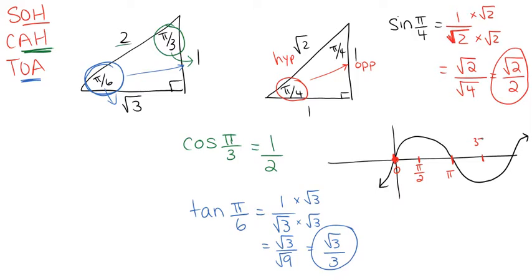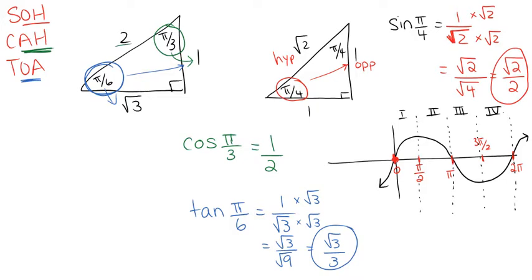This here is 270, or 3 pi over 2. And this right here is 2 pi. So you can think about this in terms of quadrants: quadrant 1, quadrant 2, quadrant 3, quadrant 4 on our graph.